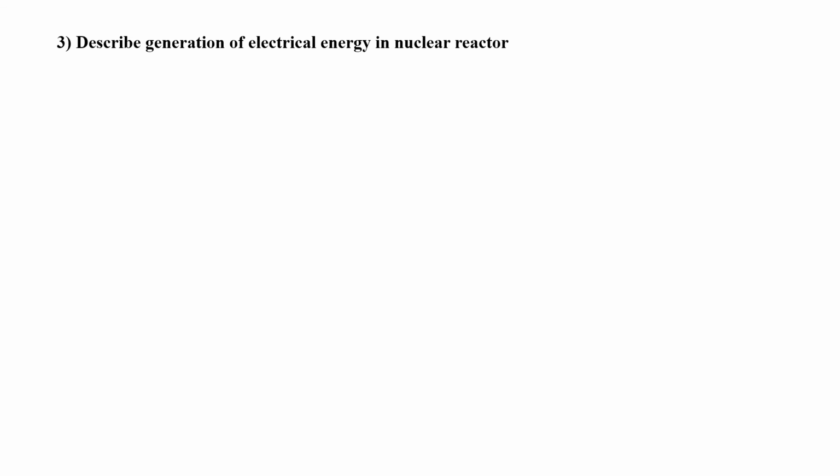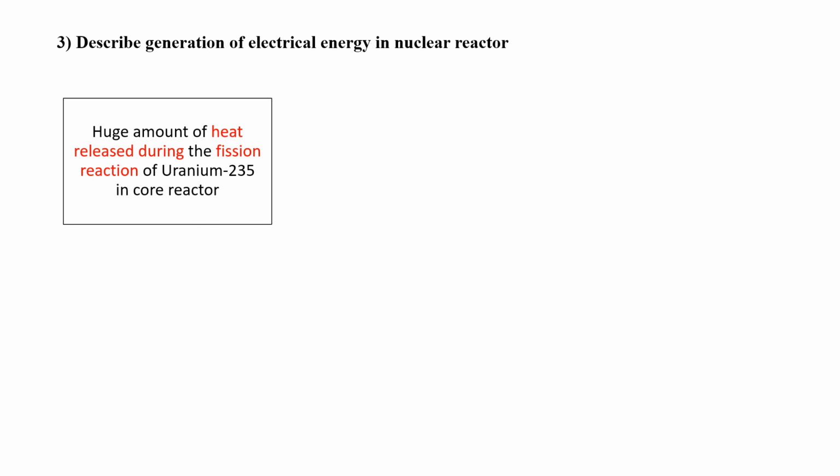Then the last question is, describe the generation of electrical energy in a nuclear reactor. You can pause this video for a while to answer it. So actually, the answer is that there is a huge amount of heat released during the fission reaction of uranium-235 in the nuclear reactor.